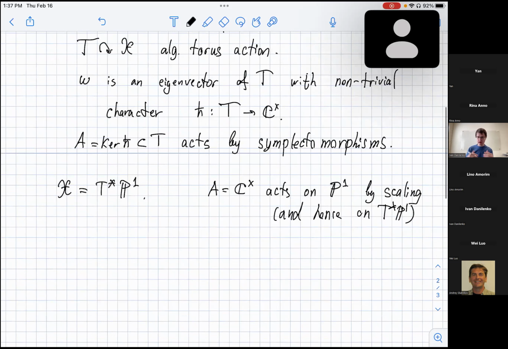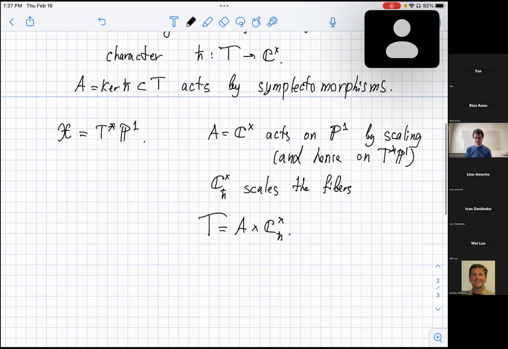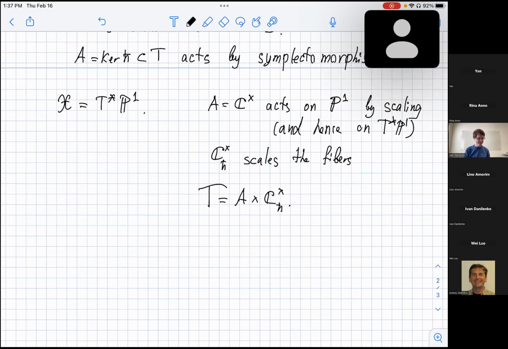And there is an auxiliary action which scales the fibers. And the combined torus is the symplectomorphic torus and the scaling torus, right?